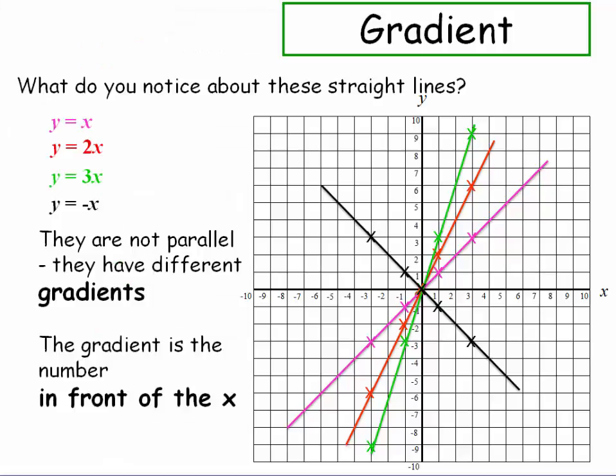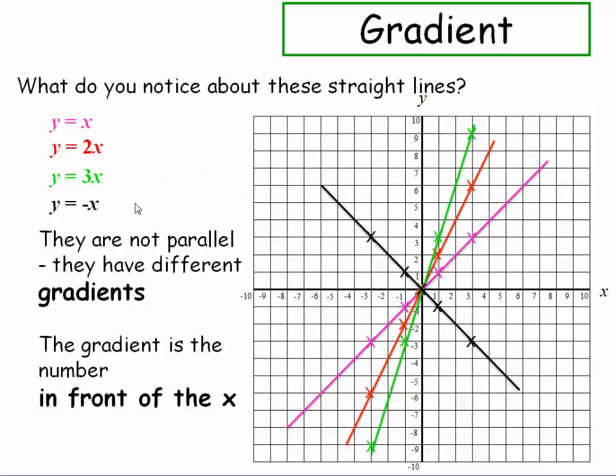These graphs are not parallel, they have different gradients. You can notice that the x here is 1x, 2x, 3x, -x. Here the graphs are positive. Usually we refer to that as going uphill.